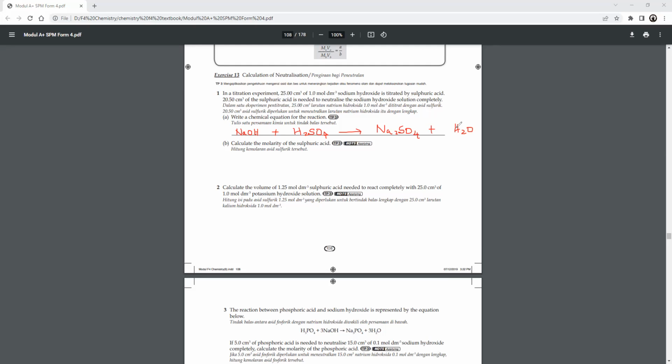I help you to write down the equation, you help me to balance it.